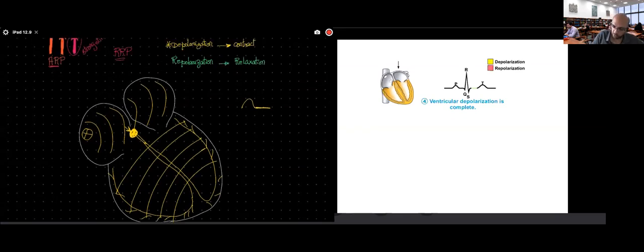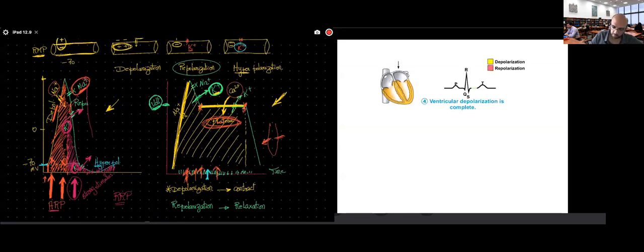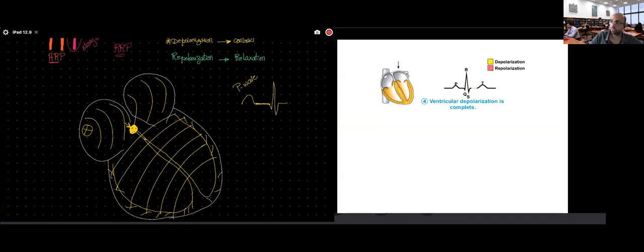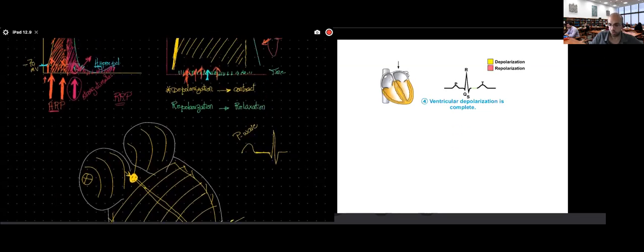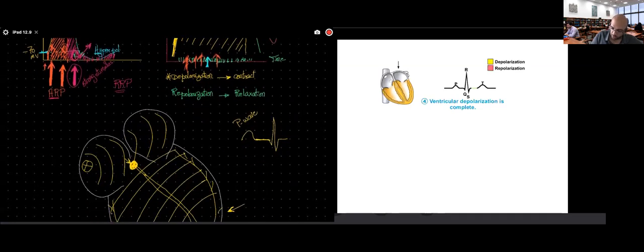And remember, this is going to be recorded by the EKG as the QRS complex. So it started with the P wave, which is atrial depolarization. And then the same phase of the action potential is going to be recorded, but this time of the ventricular cardiac muscle cells, as my QRS complex.